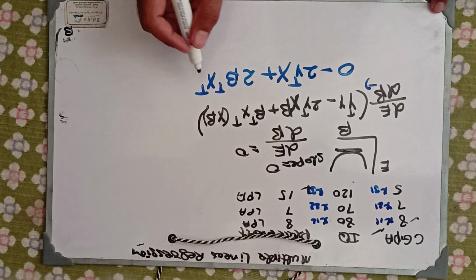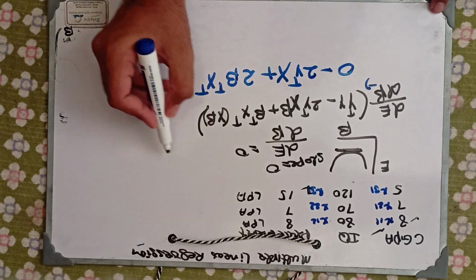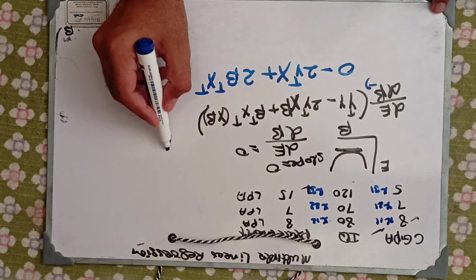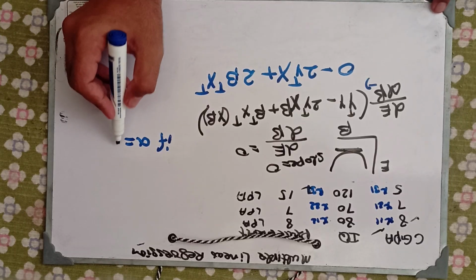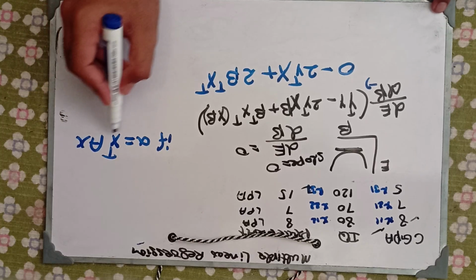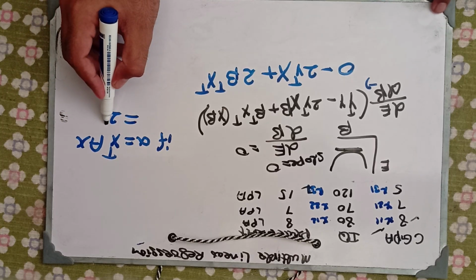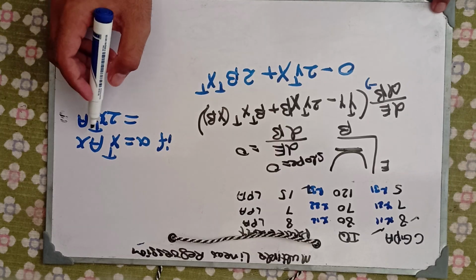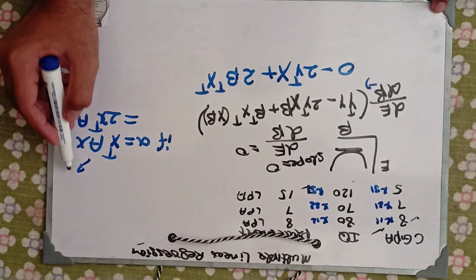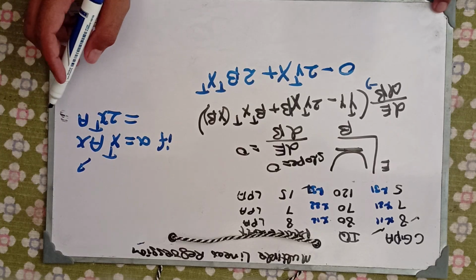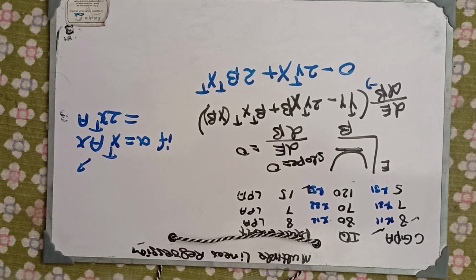This is a kind of equation you will study here: if alpha equals X transpose A X, then the derivative should be X transpose A, where A should be symmetric accordingly.